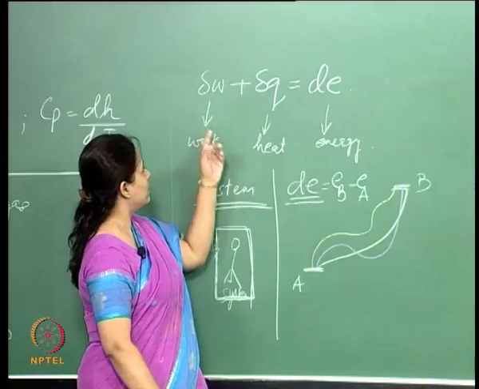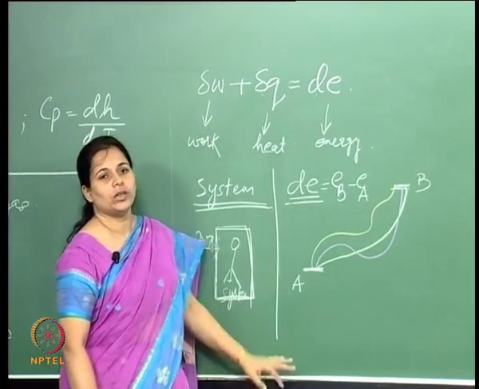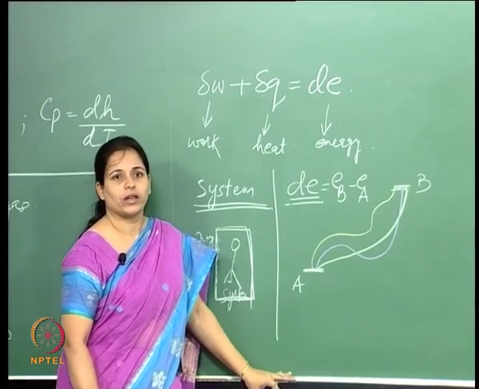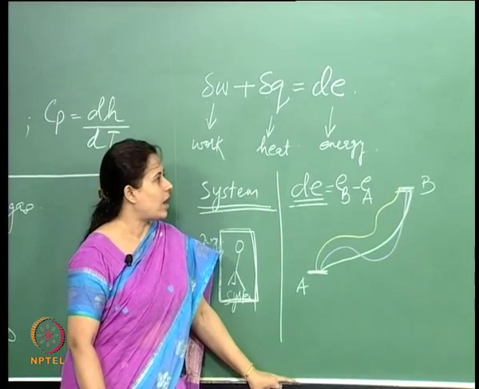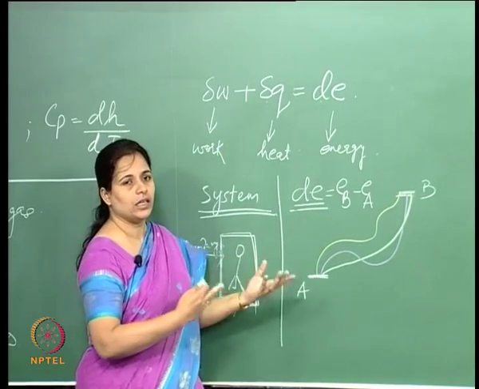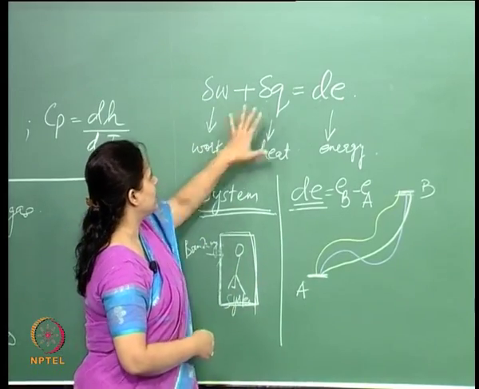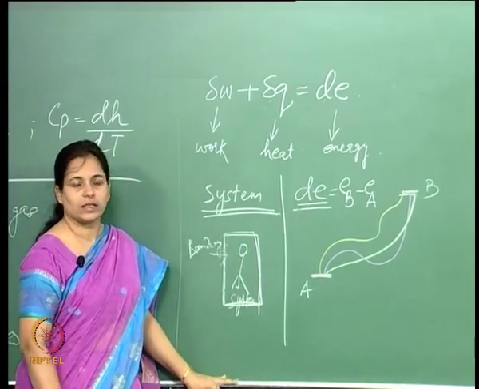Now, I think by this time you can infer that delta W and delta Q, on the other hand, are path dependent, and there are more than one ways of adding heat and doing work, and therefore we write these as deltas.